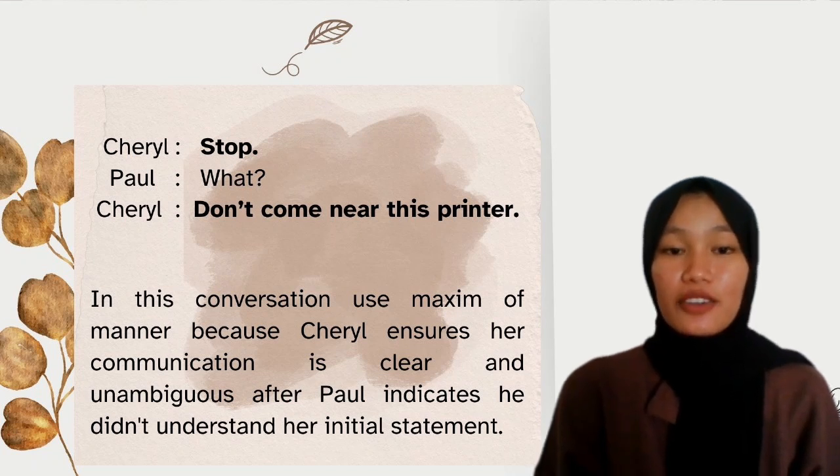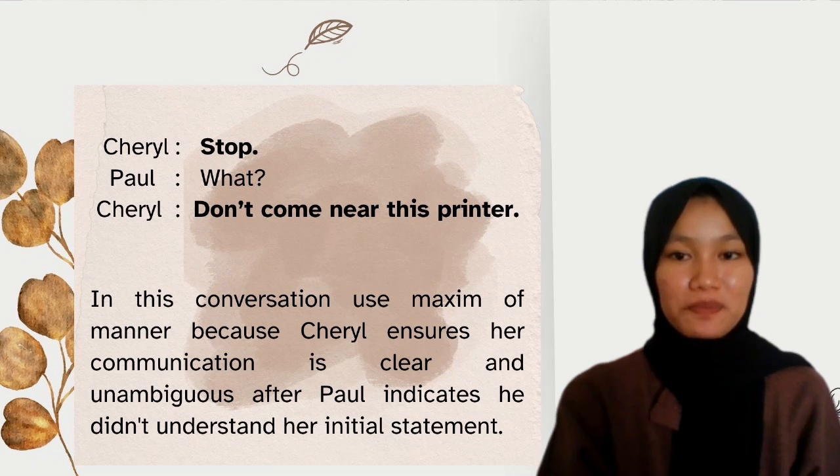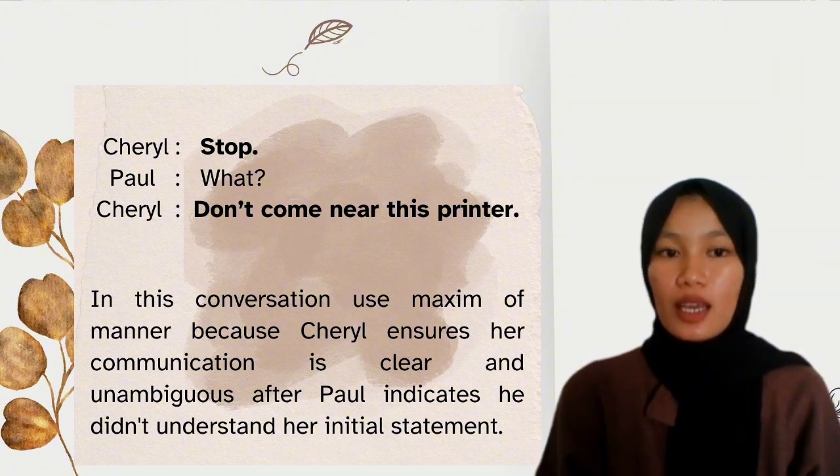The utterance "stop" is a speech act because it functions as a command. Cheryl is instructing Paul to halt his current action. The utterance "don't come near this printer" is also a command. Cheryl is giving Paul an explicit instruction to stay away from the printer.